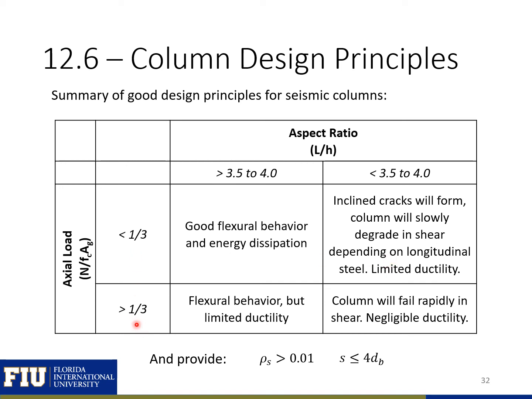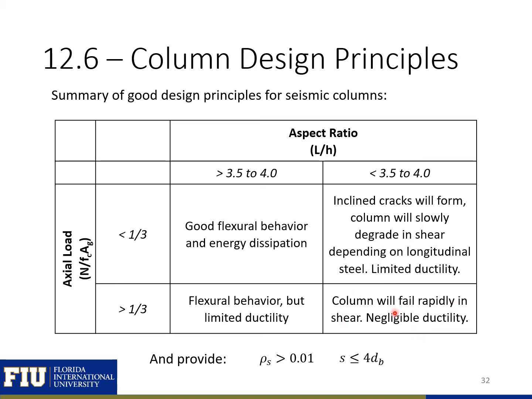When we go above balance, if we have a larger aspect ratio, so greater than 3.5 to 4, we're going to have flexural behavior, but it will have limited ductility. If we have a column above balance and with an aspect ratio less than 3.5 to 4, our column's going to fail rapidly in shear, and we will have negligible ductility.